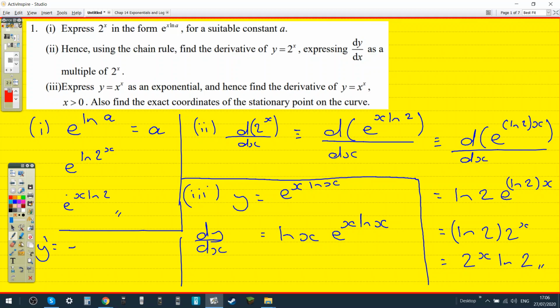It'll be the whole thing, e to the x ln x, times by the derivative of x ln x, which I think you have to use the chain rule for. So derivative of first times second, that would just be ln x. And then plus first times derivative of second, that'd just be 1.